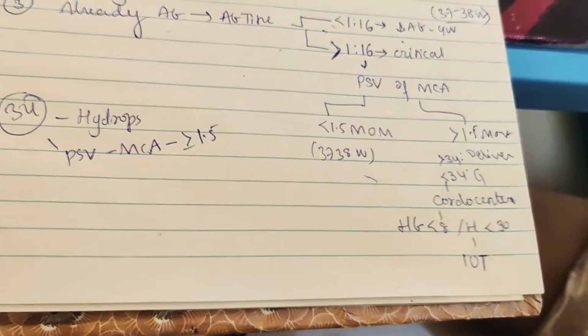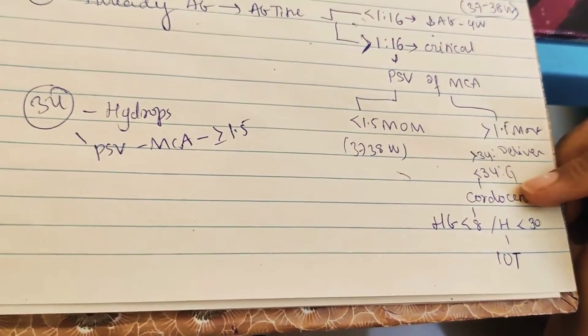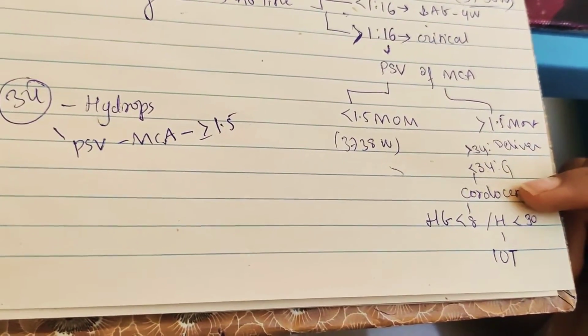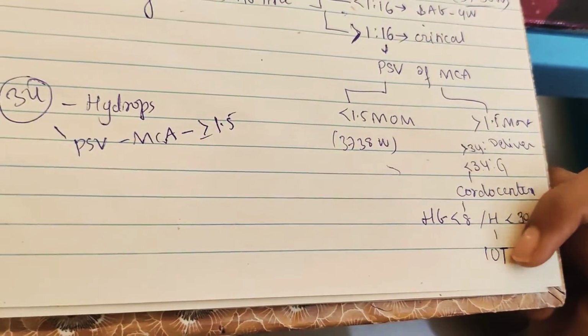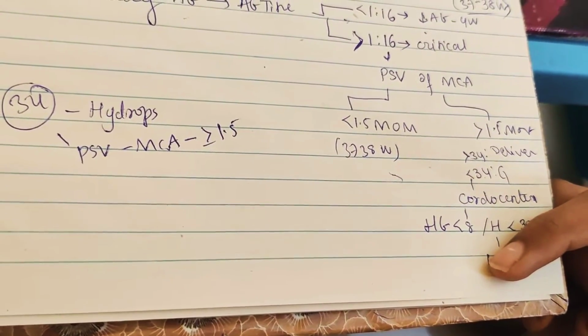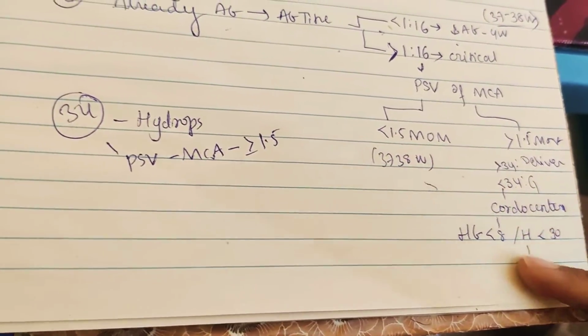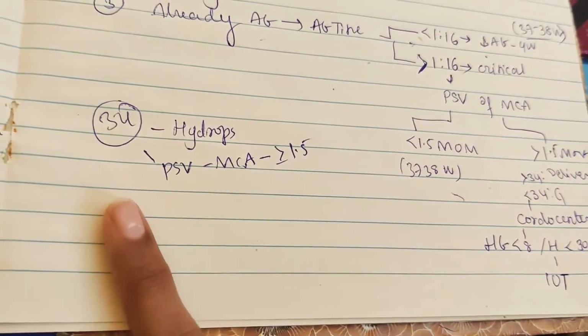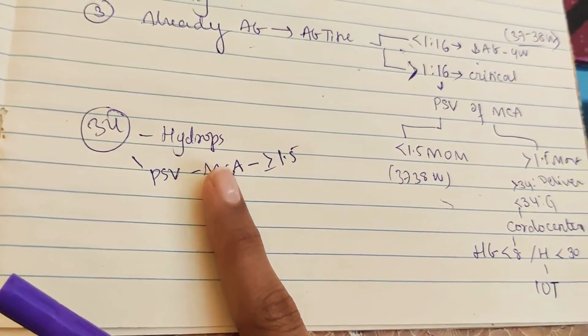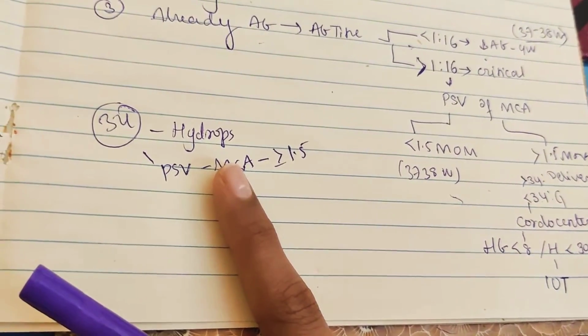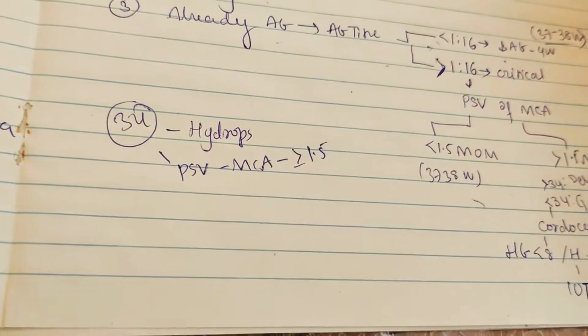Already, if it is greater than 1.5, at 34 weeks we are doing cordocentesis, and if hemoglobin is less than 8, we are doing IUT. Even after IUT, if it is not possible, then of course we will terminate the pregnancy, in both hydrops fetalis and if the middle cerebral artery Doppler is greater than 1.5.